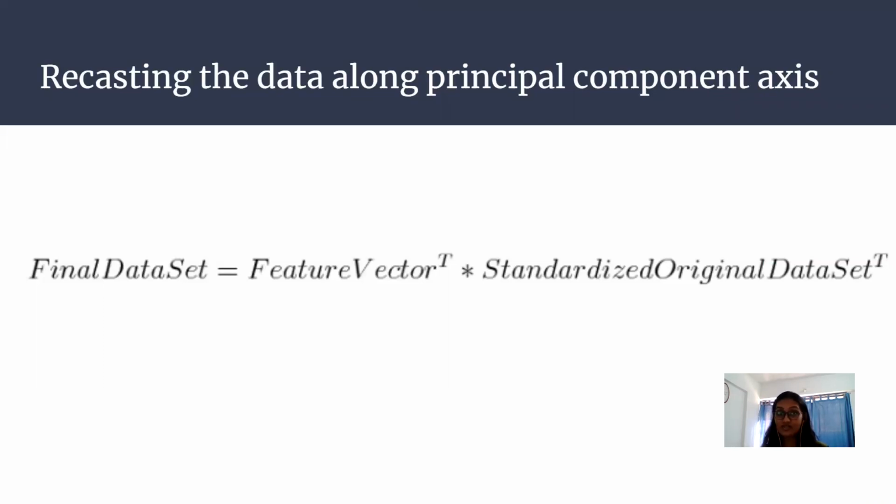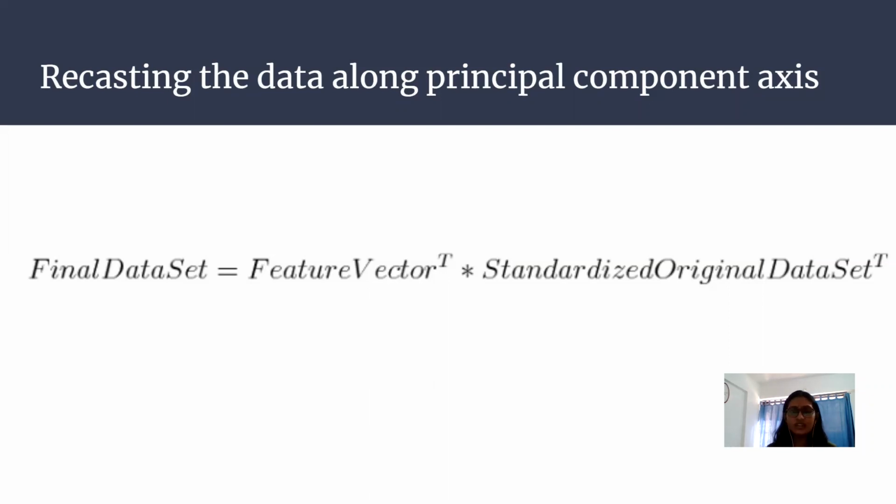Now, the last step is this, in which we are recasting the data along the principal component axes. It represents the maximum, most significant information of the data set. In order to replace the original data axes with the newly formed principal components, we simply multiply the transpose of the original data set by the transpose of the feature vector that we just obtained earlier, right?